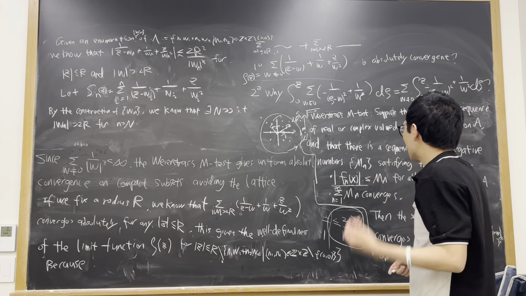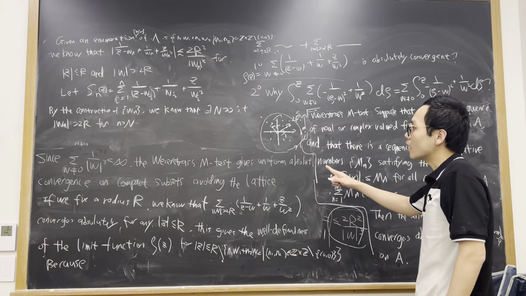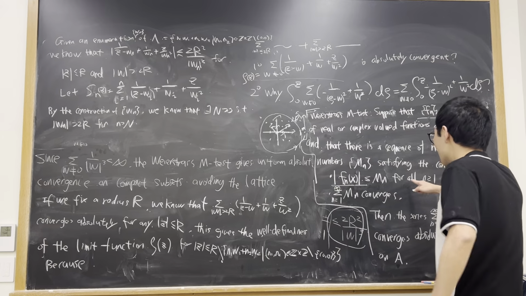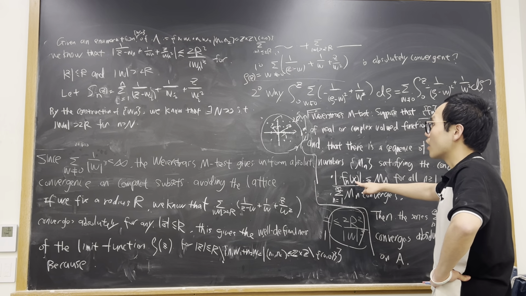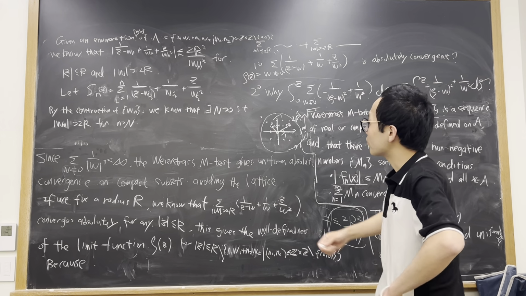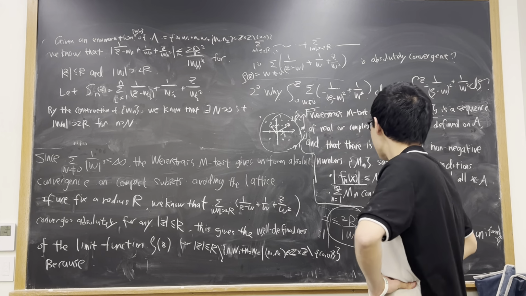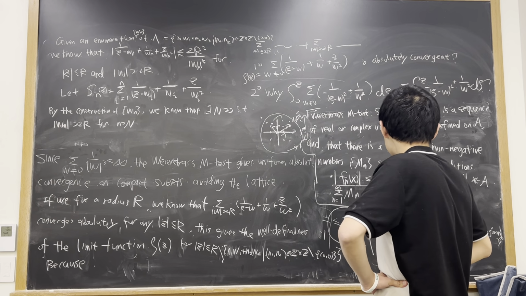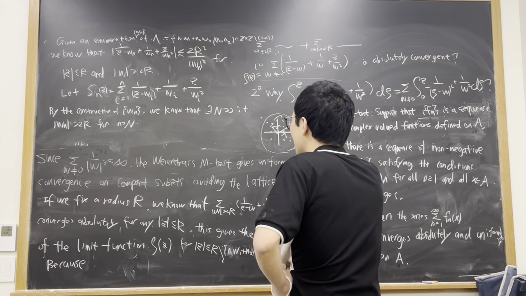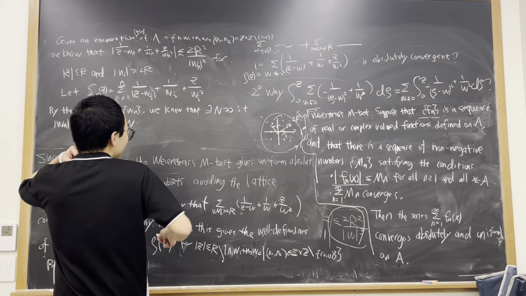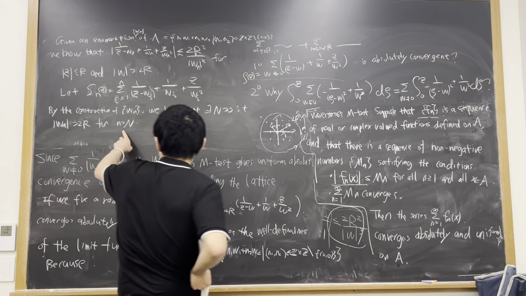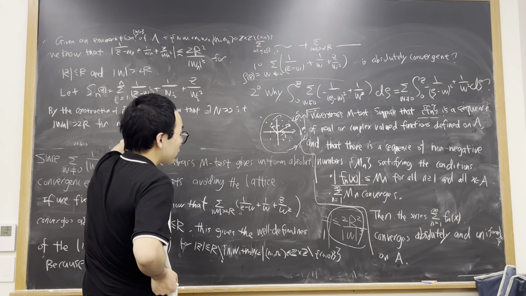Because when this n is large, right? So I think basically we break this into 2 parts. One part is the part where this n is small, this n is less than or equal to this capital N, right?